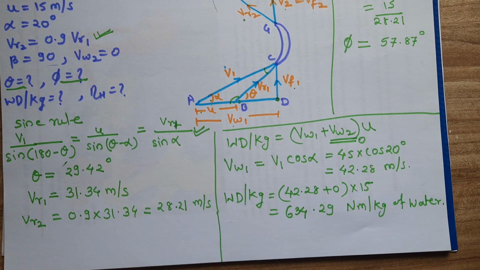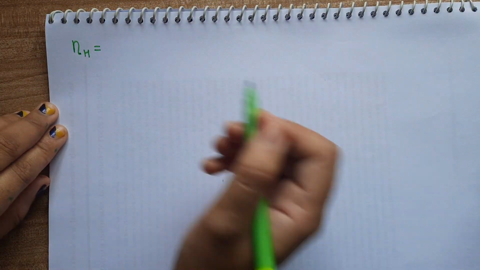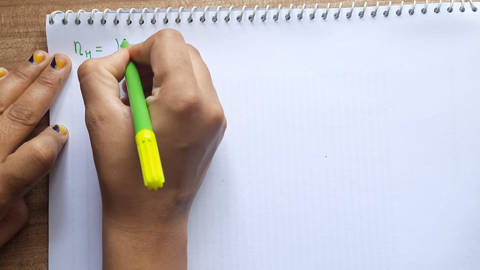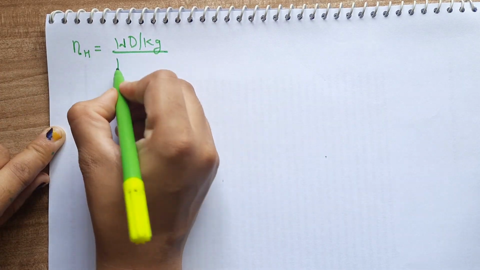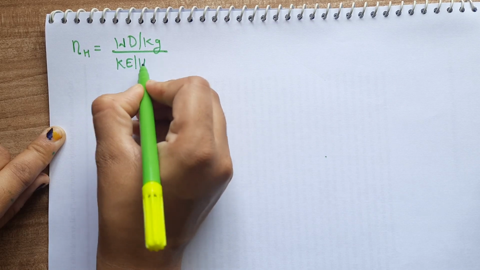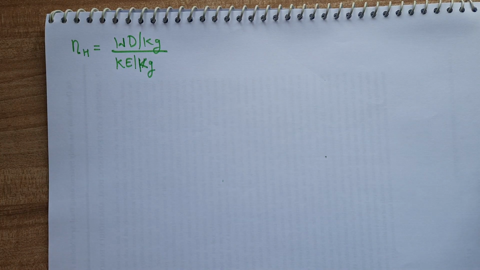Now the last thing is to find the hydraulic efficiency. For that we must know what hydraulic efficiency is. Efficiency is output upon input. So here our output is work done per kg and input is kinetic energy per kg. That means kinetic energy which the nozzle is supplying.